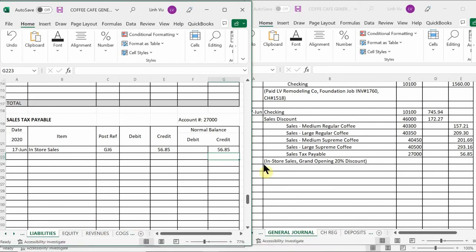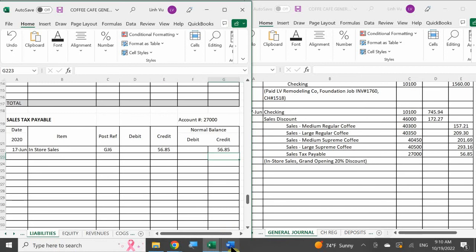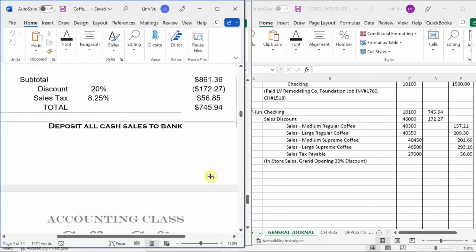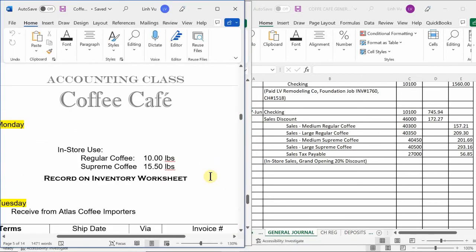So now that that is done, for the in-store sales, we end up using 10 pounds of regular coffee and 15.5 pounds of Supreme coffee.